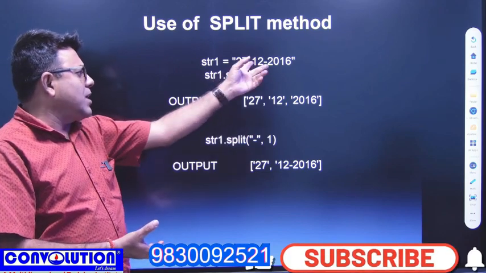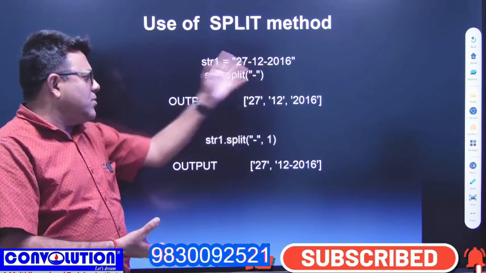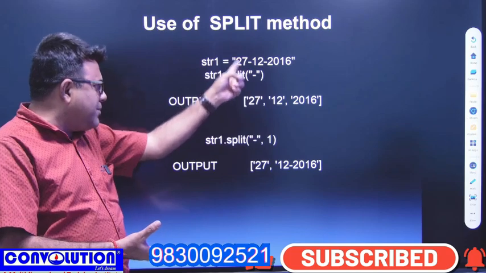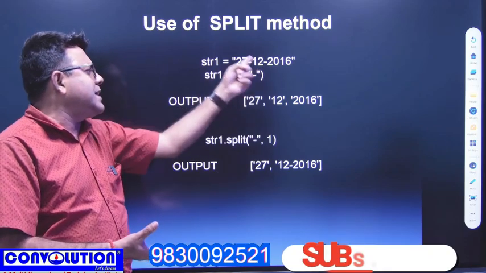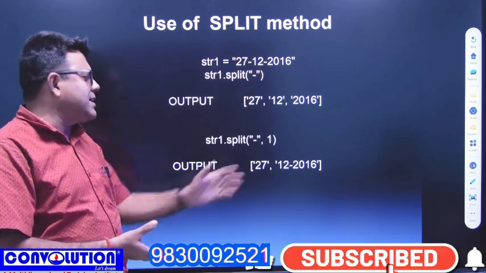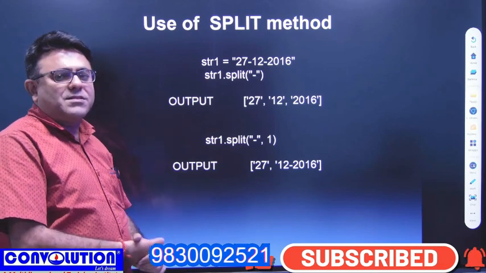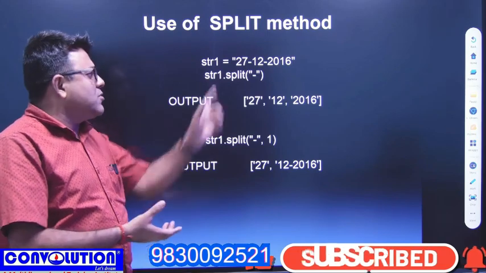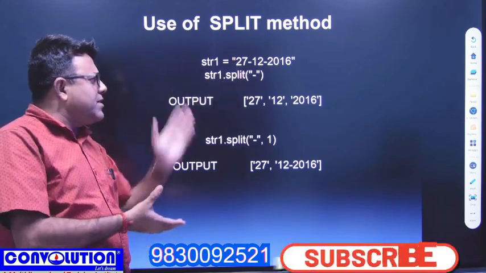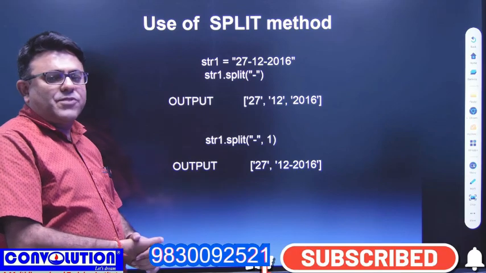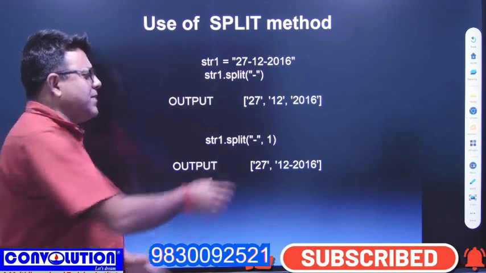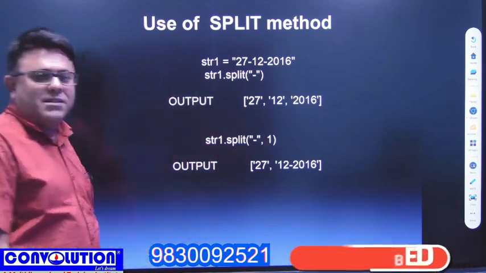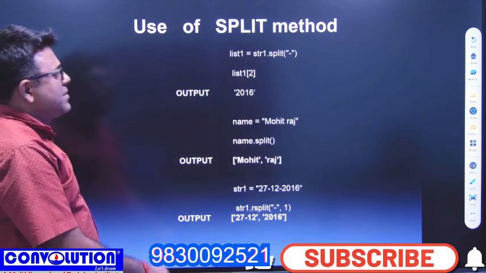The 1 means it is going to split only at the first hyphen, and it will not take care of the rest. The first part is before this hyphen, which is 27, and the rest is not split, so the rest remains the same.